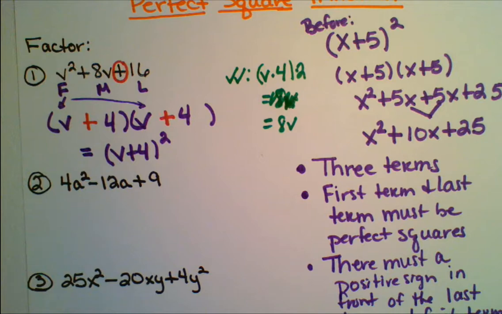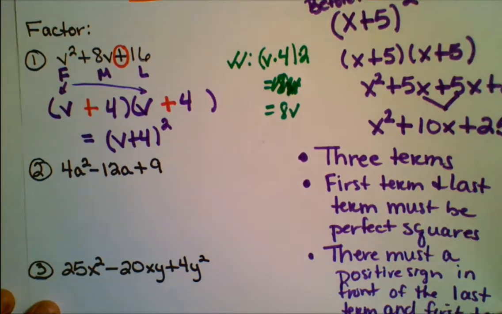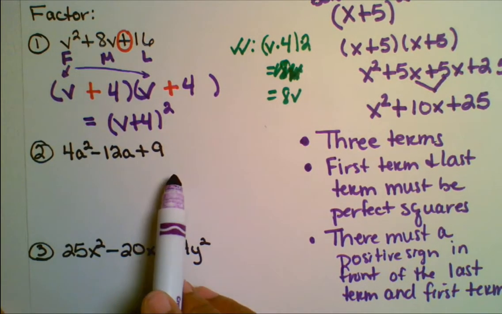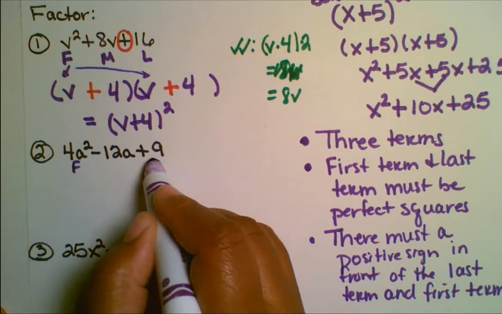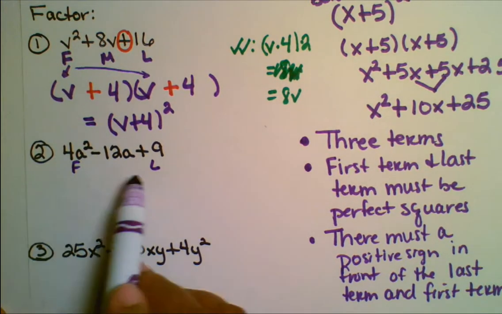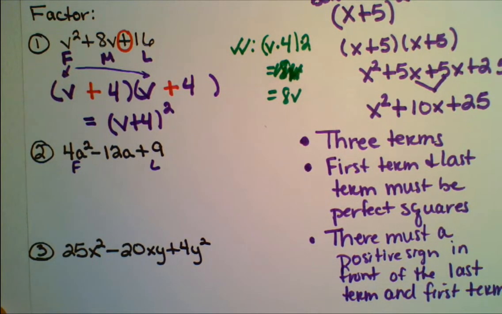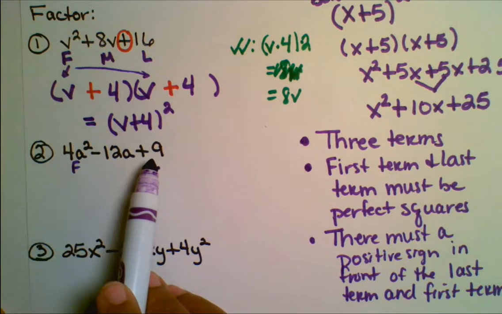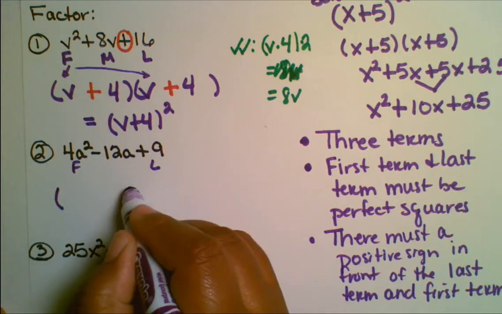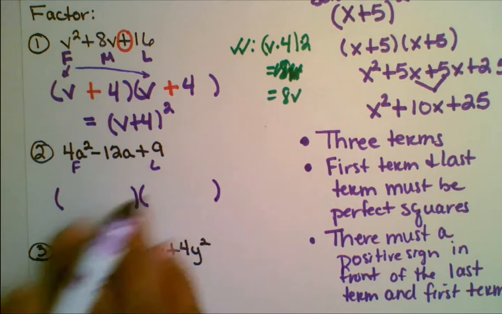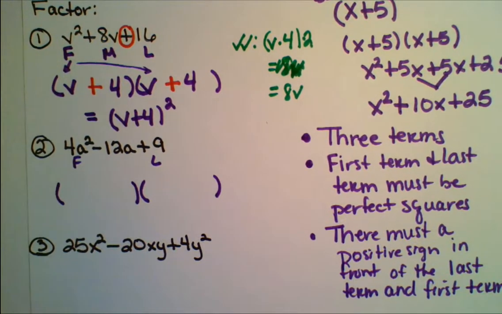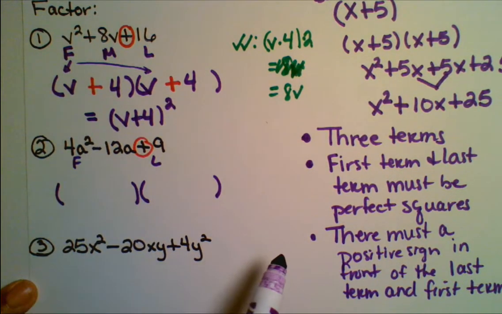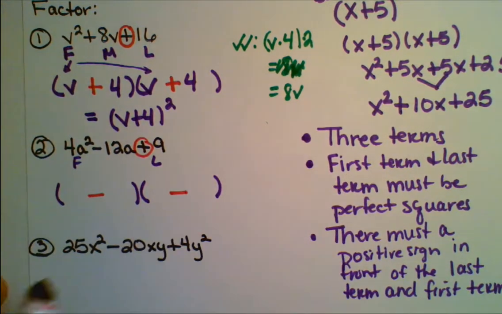Okay, so let's move on to example 2. We have 4a squared minus 2a plus 9. We have 3 terms. The first term and the last term are perfect squares because we can find 2 identical factors that would give us each. And we have a positive sign in front of the first term and in front of the last term. So using your sign rules, let's set up the template first. The sign of the last term is positive, so we're going to have the same signs. Same what? 2 negatives.